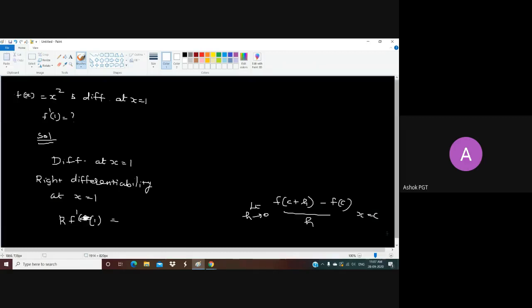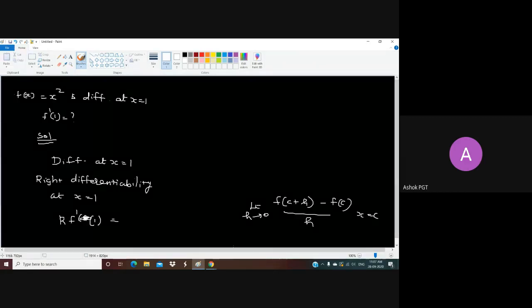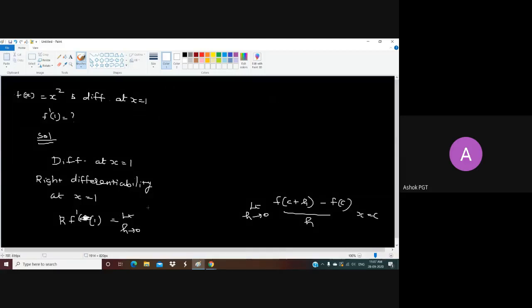Hence we can write the formula as limit h tends to 0, f of 1 plus h minus f of 1, whole divided by h. Here the c value is equal to 1. Here for the function f, we are giving 1 plus h as an input. Here the function is equal to x square.